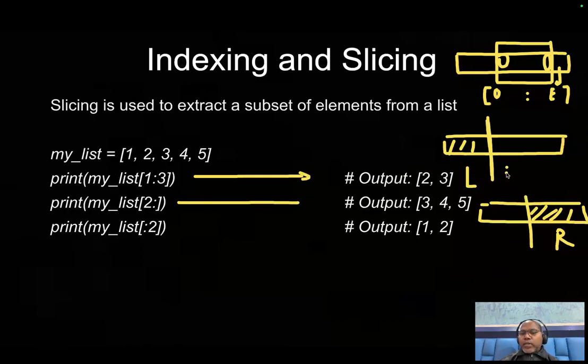Just leave the left blank, or leave the right blank. In this way you can specify the left index or the right index. Whenever you specify 2 here, that means 0, 1, 2, and it starts from 2 till the end. They are splitting on the basis of this. Here if you say 2, that means whatever elements are till 2.